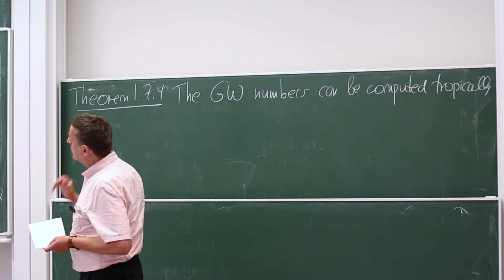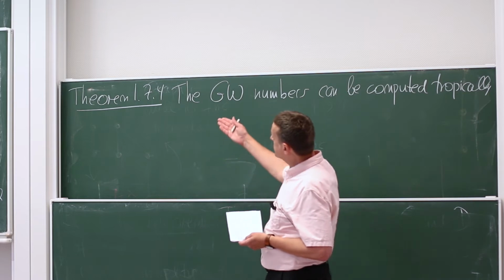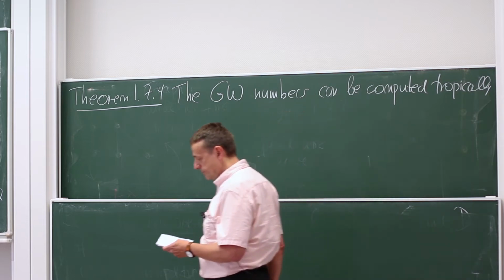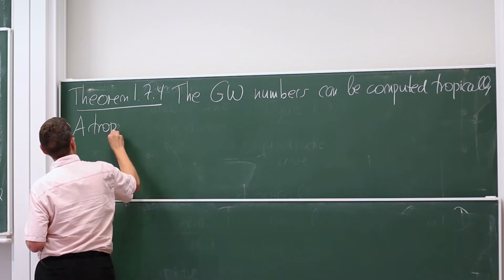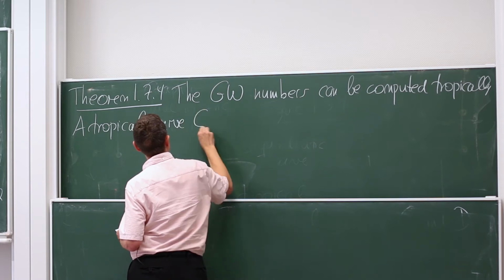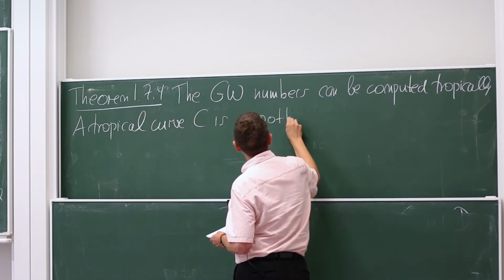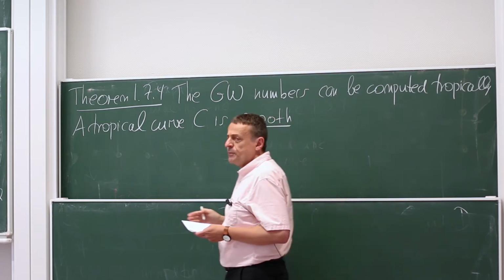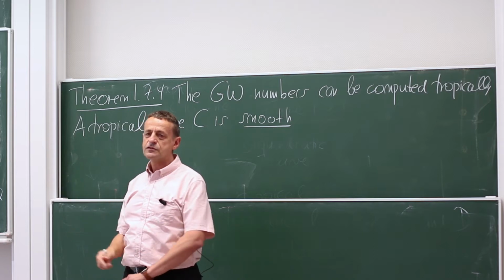Let me embark on the relevant definitions that we need to make sense of the statement of this theorem. First of all, let me say a tropical curve. So you have a plane curve. A tropical curve is said to be smooth. Well, they're not smooth in the usual sense, right? Because I have the piecewise linear nodes and so on.